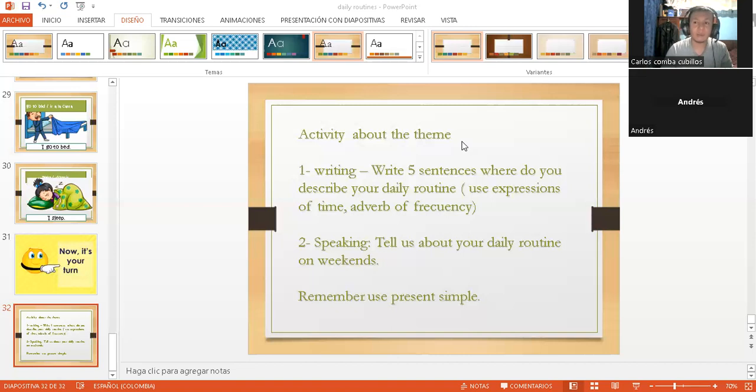But in our lives, all the time, we do the same things, for example, wake up, have breakfast, brush the teeth, etc. In our lives, they are repetitive activities. But depending on the work of the students or the job, some sentences change, right?